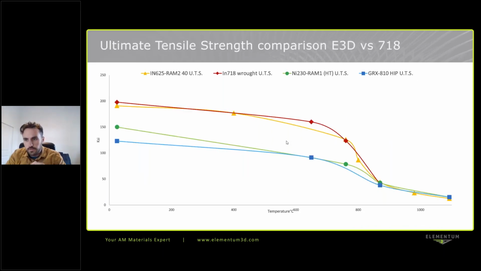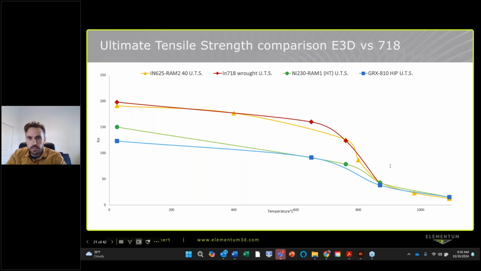And to give you more of an understanding of where all three of these are compared to where 718 lays in industry, our Inconel 625 is very comparable in ultimate strengths at temperature to 718, where the GRX 810 and 230 are more on the lower end as temperature increases.